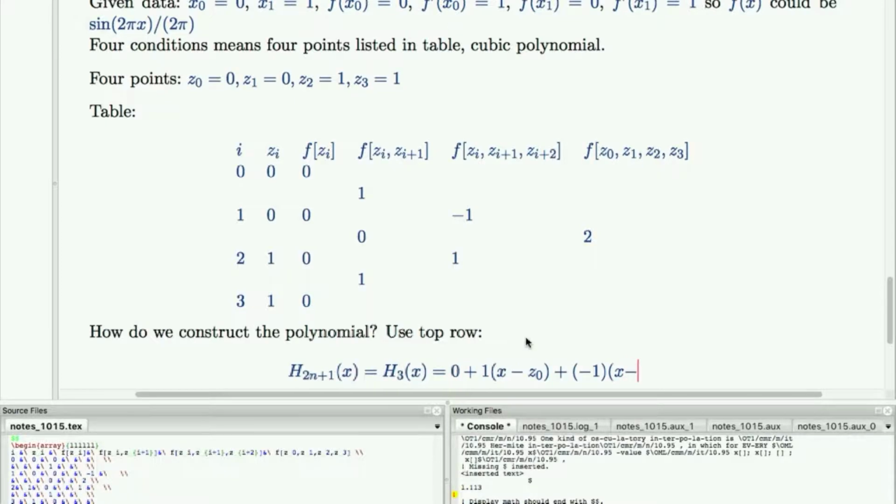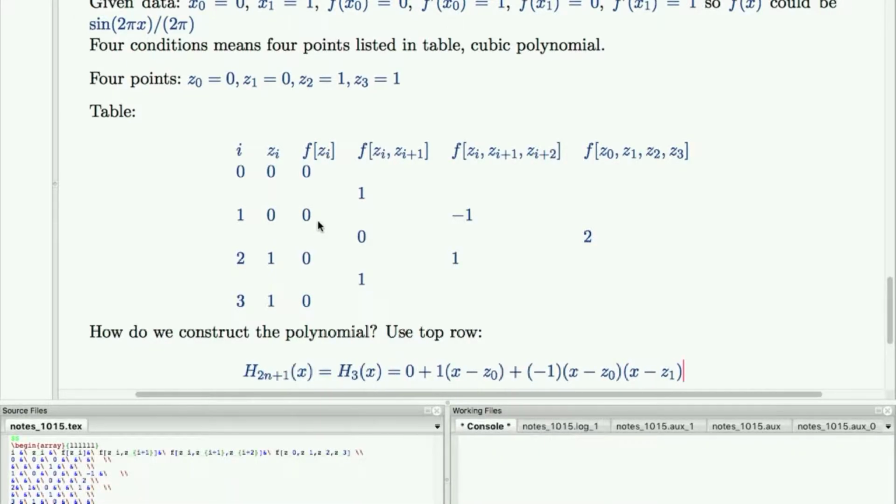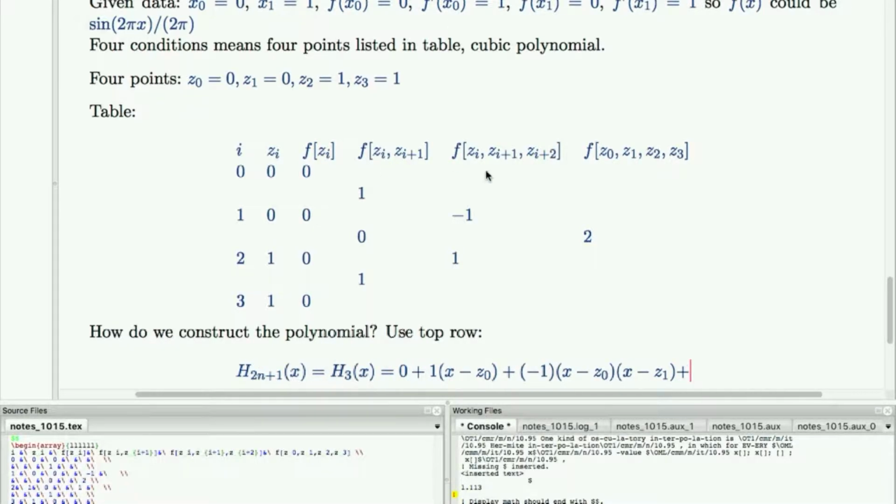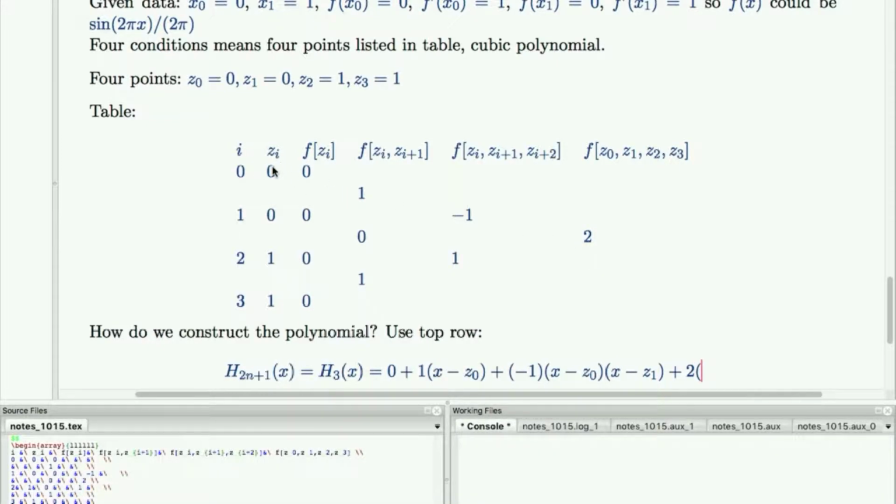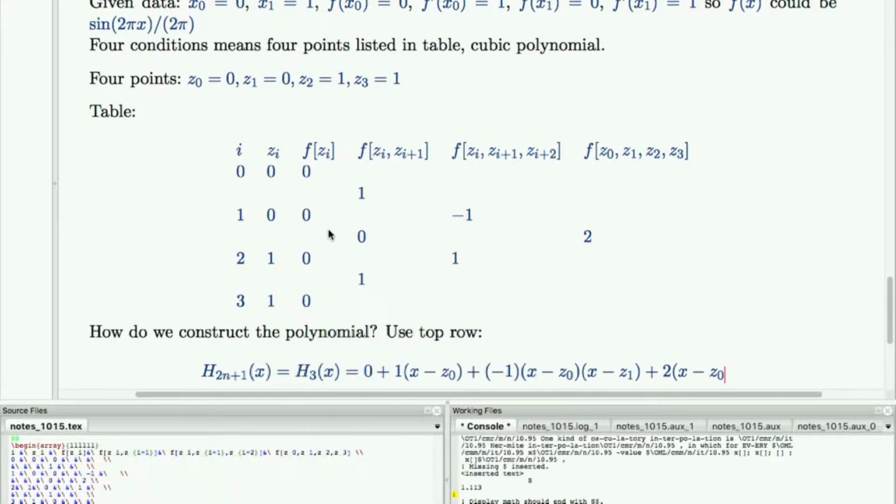So x minus z naught, and then x minus z1. And then finally to the last term, so 2 times linear factors with these three values as centers. So x minus z naught, x minus z1, x minus z2.